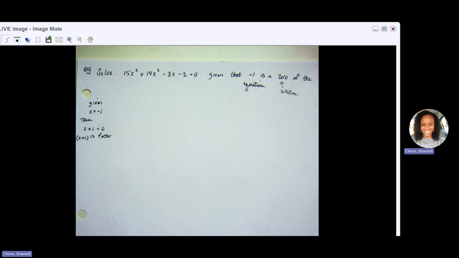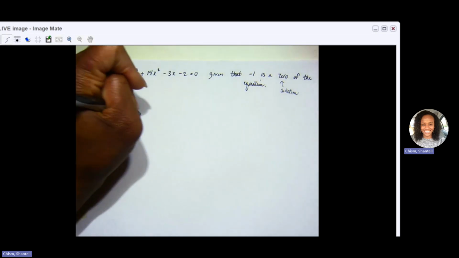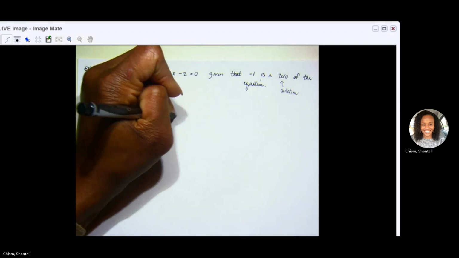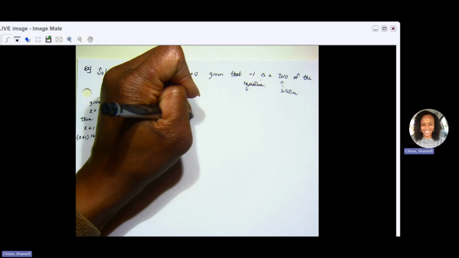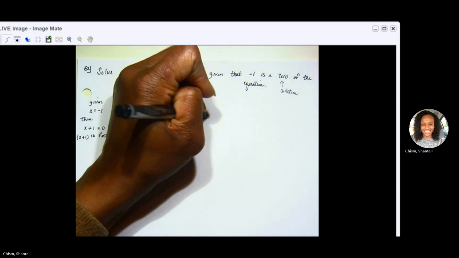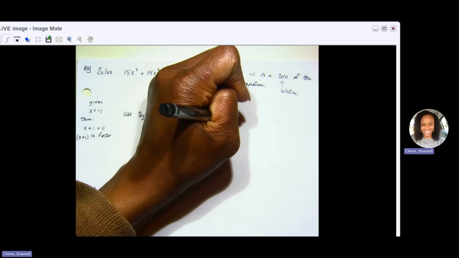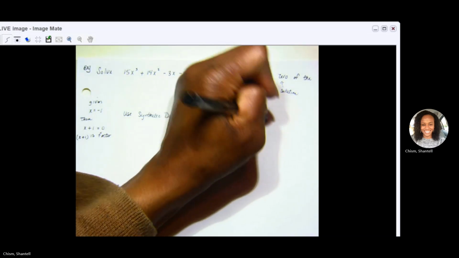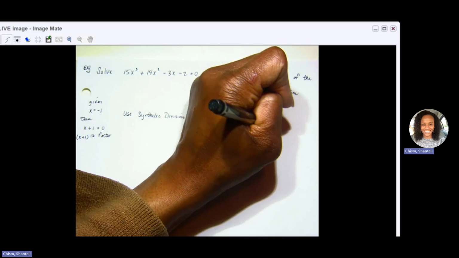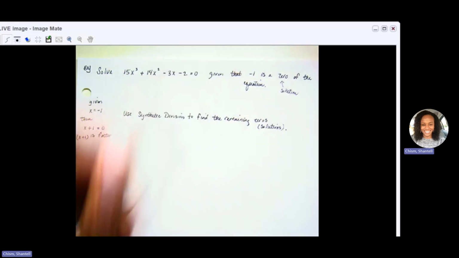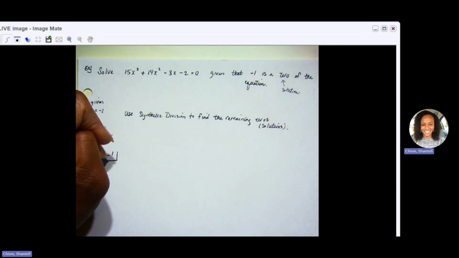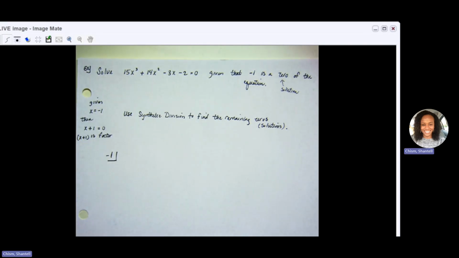So what I'm going to do then is use synthetic division to find the remaining zeros, which again is just the remaining solutions. Okay? So I'm going to take this one solution and I'm going to box it off, putting it off to the side like that.